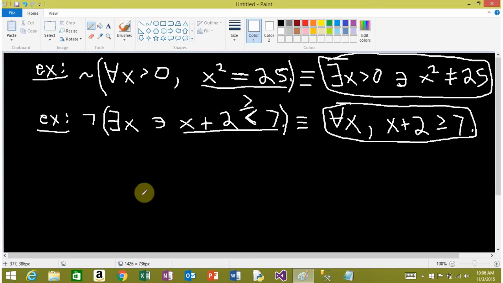Okay. Let's look at one that's a little more challenging. It has another element there.